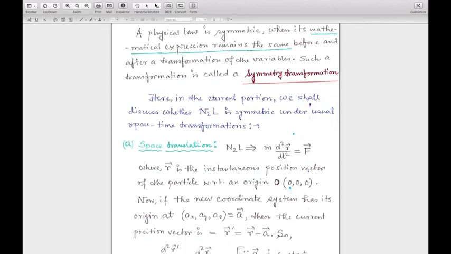For example, if in an equation dx/dt = x, we say that x is changed to x plus a, where a is a constant, then of course dx/dt will not change, but x on the right-hand side would change from x to x plus a. Then this is no longer a symmetry transformation for this equation.